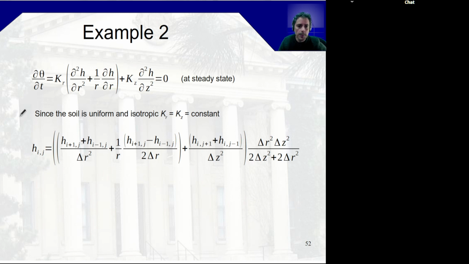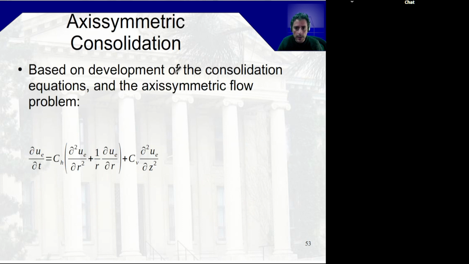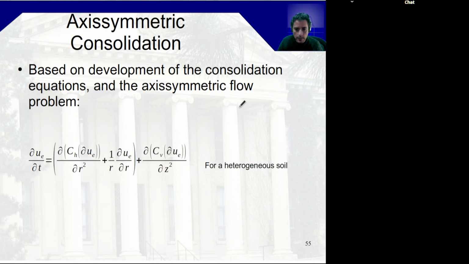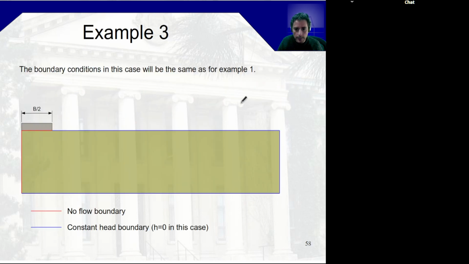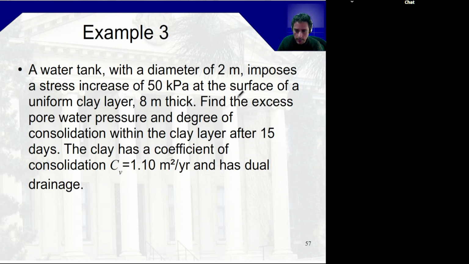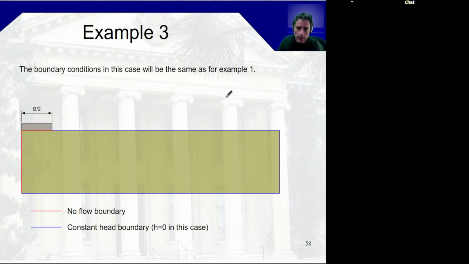so I will stop here. I think next time we'll see how this looks, as well as axisymmetric consolidation, where we will solve a problem that is comparable to the one that we've seen today in 2D.